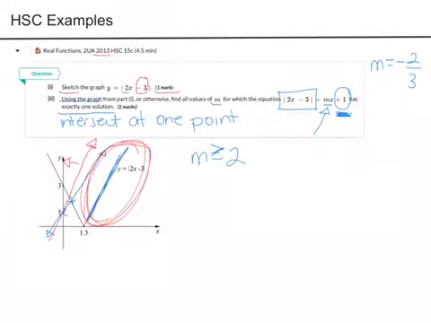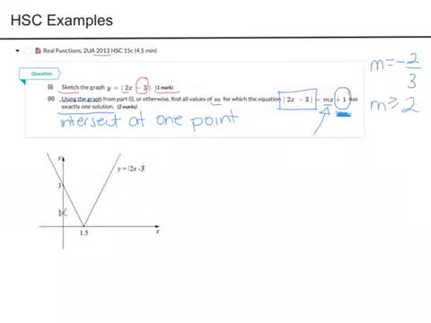So we're almost finished. The last gradient we need to consider is the reverse of that, being -2. So remember that it still must cross through 1. If we set a gradient at -2, this particular line will never cross the function as it's running parallel to the reflected part of our absolute value function.